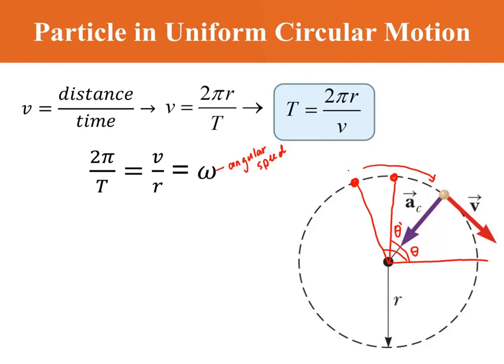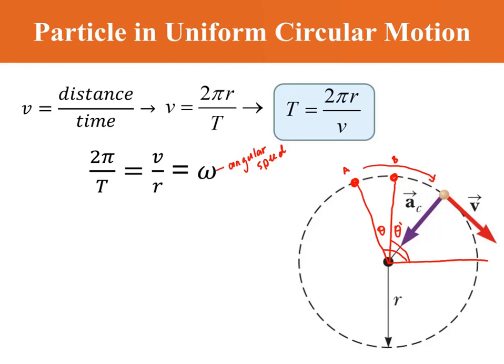As it moves from point A to point B, theta changes, from theta, the big angle, into theta prime, the smaller one. How fast this angle changes is called angular speed. So angular speed is equal to v over r.